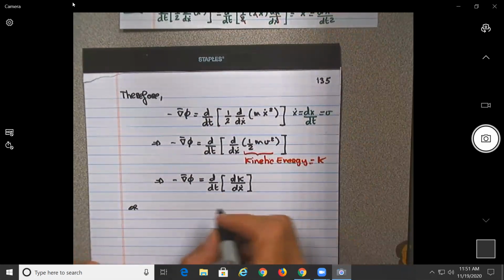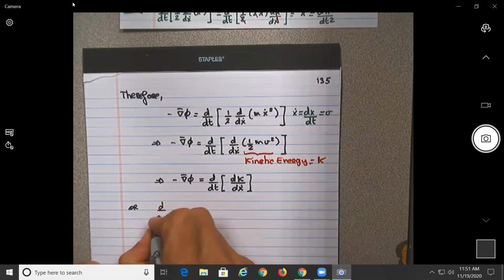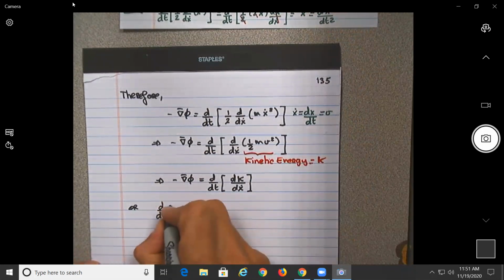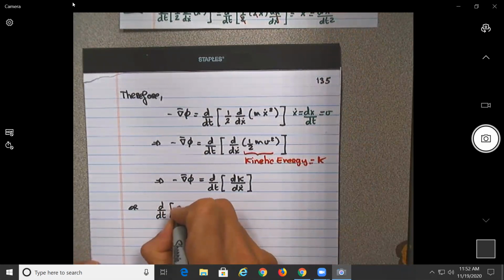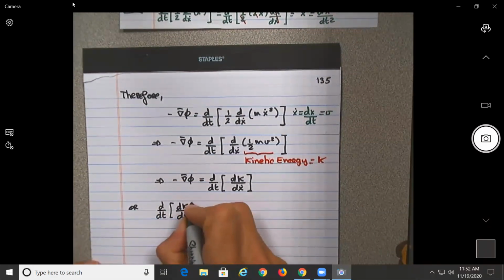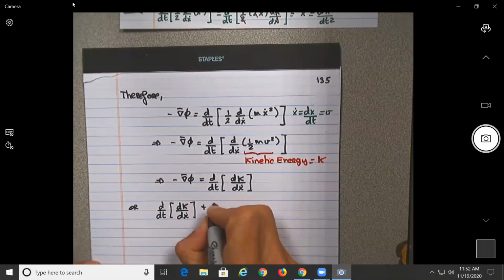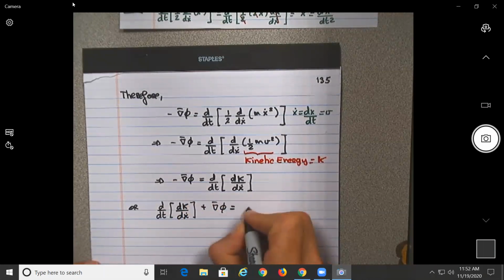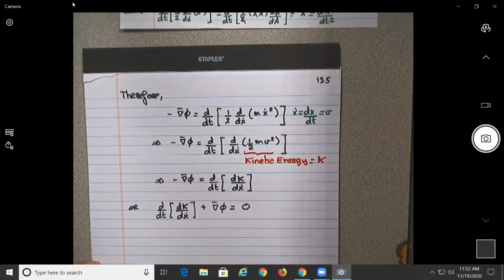Or we can just say this would be equal to d/dt of dK/dx dot plus the gradient of the potential function equal to 0.